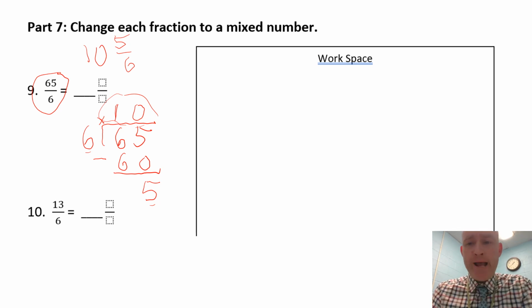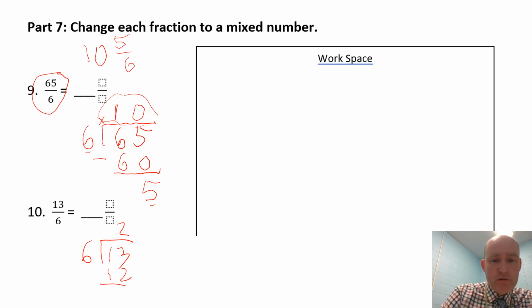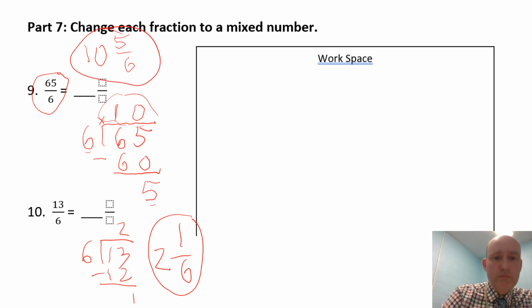Okay, now 13 over 6. 6 goes into it 2 times. 6 times 2 is 12. Minus, and then you have 1. So you have 12 and 1/6. Now we have taken an improper fraction and made it into a mixed number.